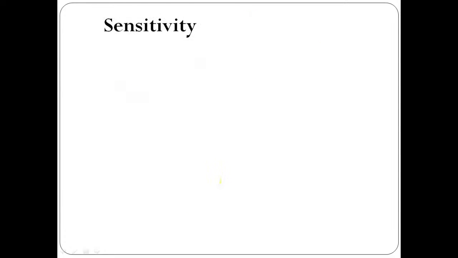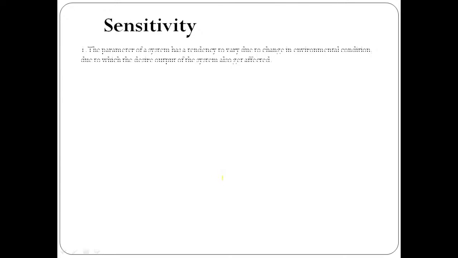Now let us discuss what exactly sensitivity is. Sensitivity is a process through which we try to determine how the behavior of a system is going to change if some parameter of the system varies, maybe due to internal disturbances, maybe due to environmental conditions.